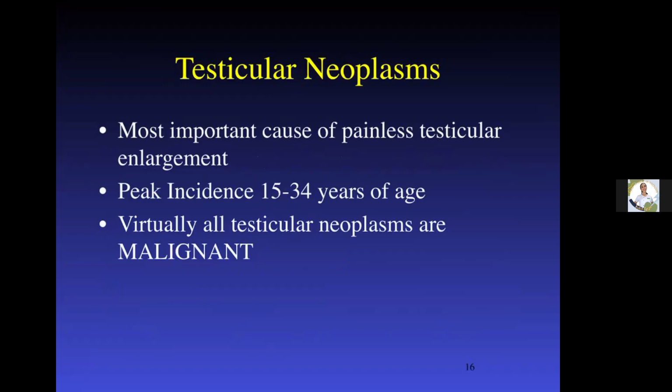The most important cause of painless testicular enlargement is a testicular tumor. So if the patient presents with a painless testicular enlargement, think of a testicular tumor. The peak incidence is 15 to 34 years of age, and virtually, take note, virtually all testicular neoplasms are malignant.